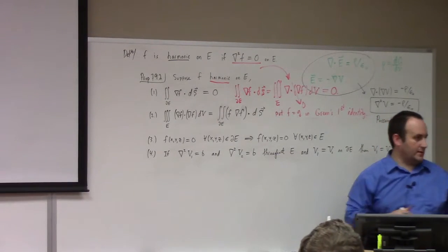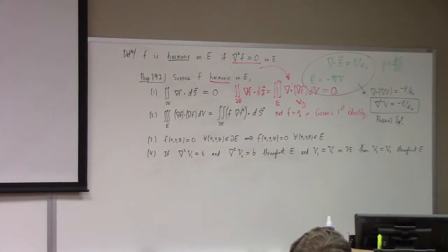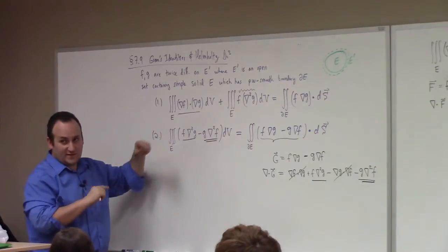What happens if I do that? Oh, maybe I should do... Yeah, if I put f equals g in Green's second identity, it is true but useless.